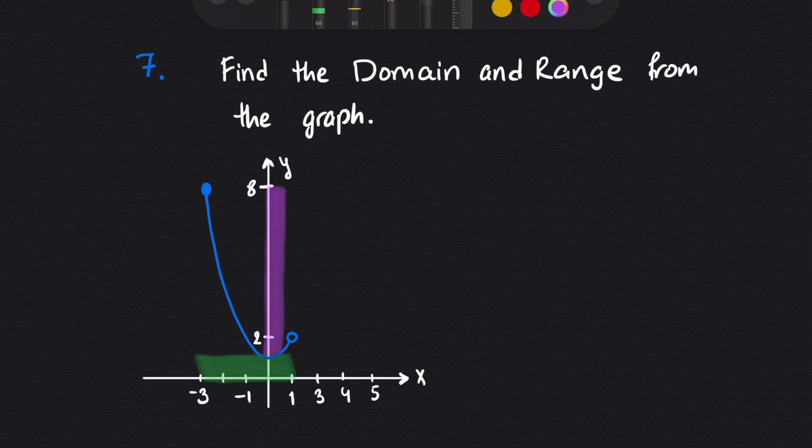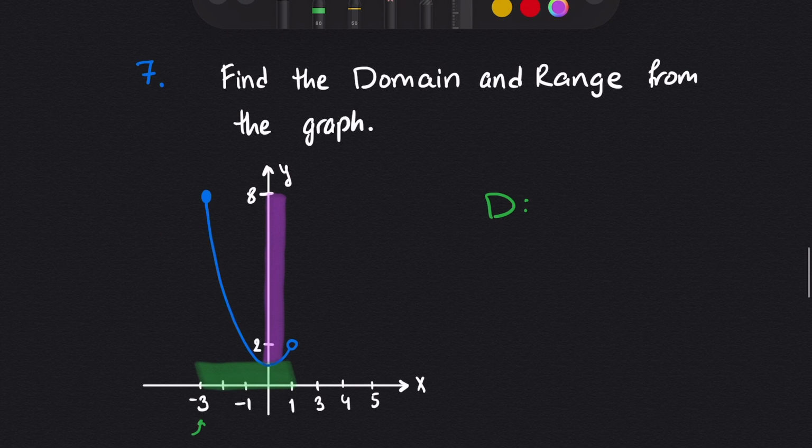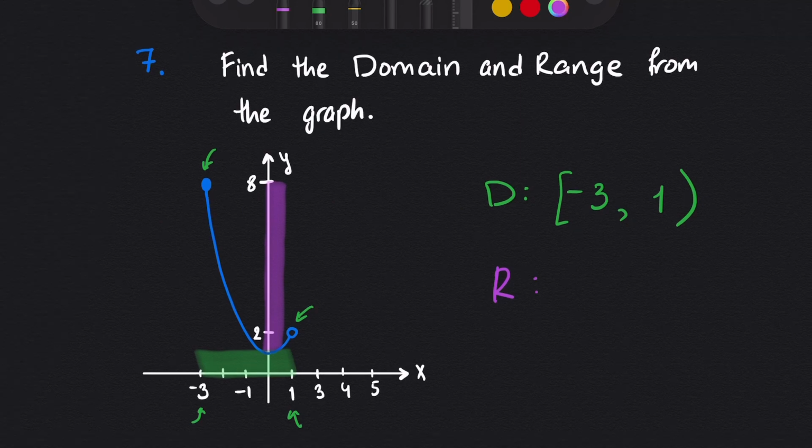Our domain is going to be from -3, and it's included, all the way to 1, not included. Our range, let's look at the range. Does it start from here or from here?